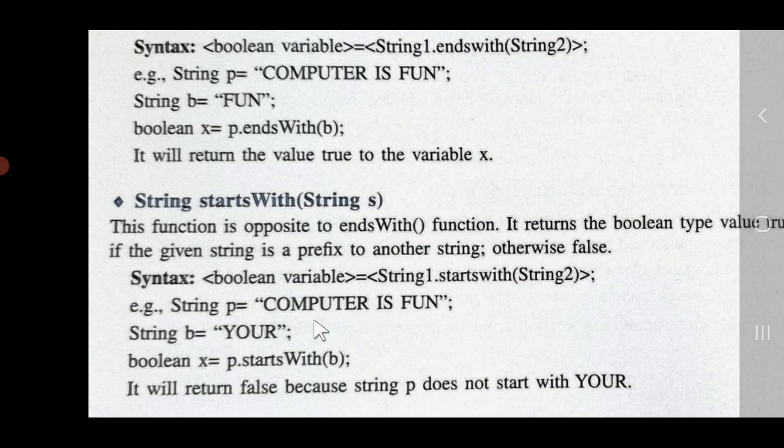Here string p equal to computer is fun, then string b contains your, and Boolean x equal to p dot startsWith b. Here computer is the beginning, and I have to check whether it begins with y-o-u-r, that is your. It is not, so it is going to return false. These functions are very useful, right?